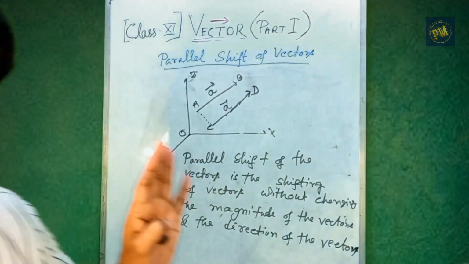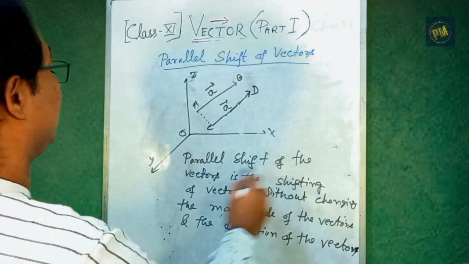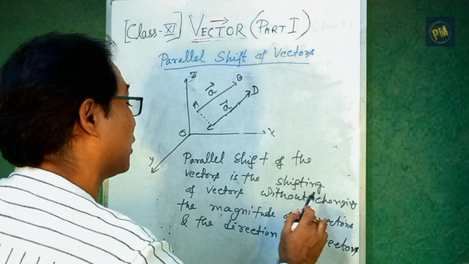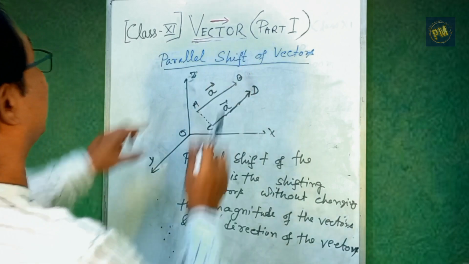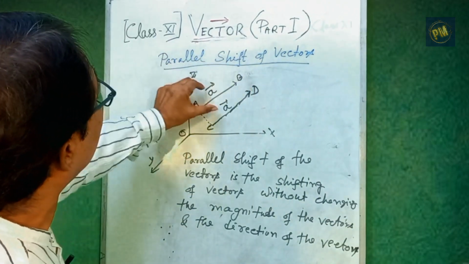So what is the parallel shift? The parallel shift of the vectors is the shifting of the vectors without changing the magnitude and direction. That is AB and CD, both A.